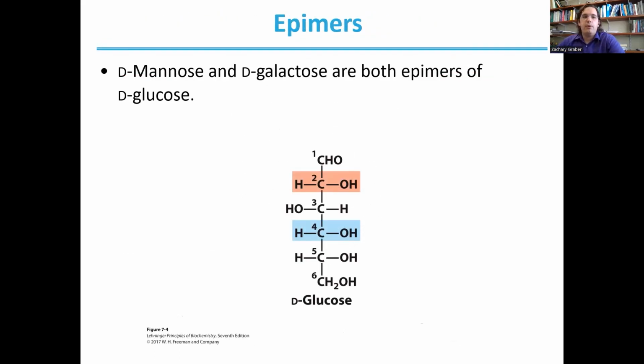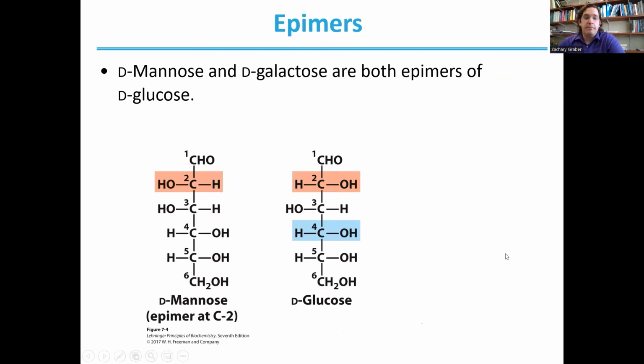There are many different important epimers within our body. For example, D-mannose and D-galactose are both epimers of D-glucose. D-mannose differs here at the second carbon, our first chiral center. Notice that we've switched from the right to the left between our glucose and our mannose.